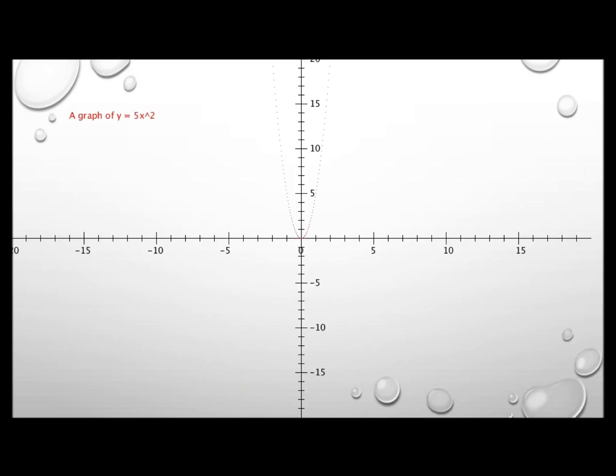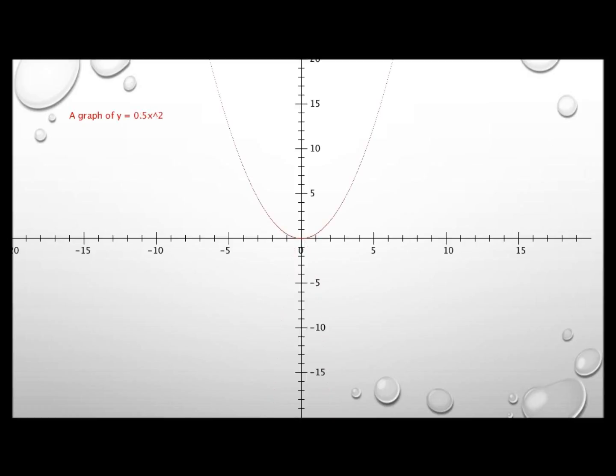If the x squared term is multiplied by a coefficient that is bigger than 1 or smaller than negative 1, then the curve becomes much sharper. That is to say, the slope of the curve becomes steeper.